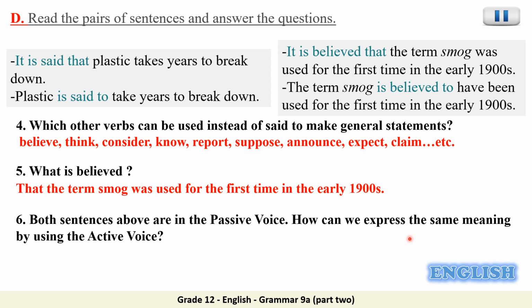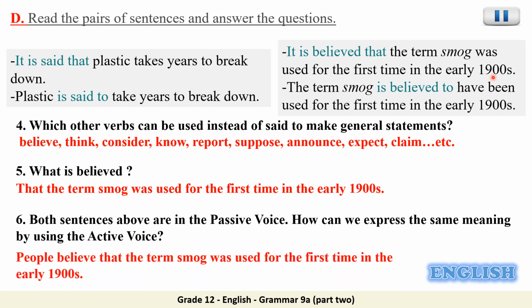How can we change them into active? Keeping the meaning the same, of course. It is believed that the term smog was used. Who believes this? Who believes so? People believe that the term smog was used for the first time in the early 1900s.